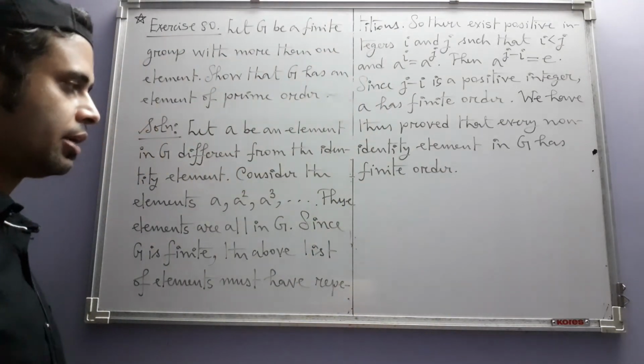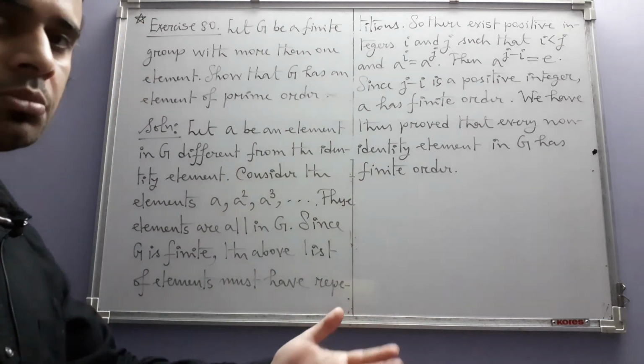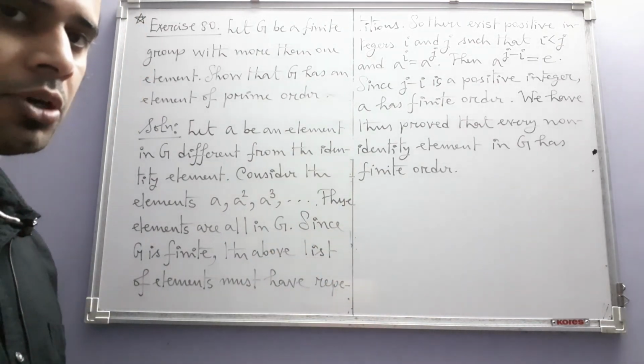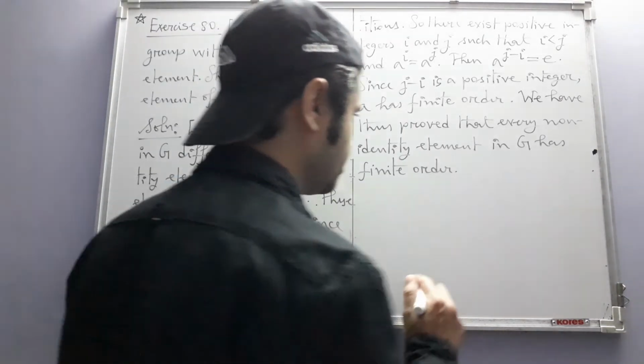We are not going to write in that much detail that because of the well ordering principle there is an element of smallest possible order. We are simply going to use that.